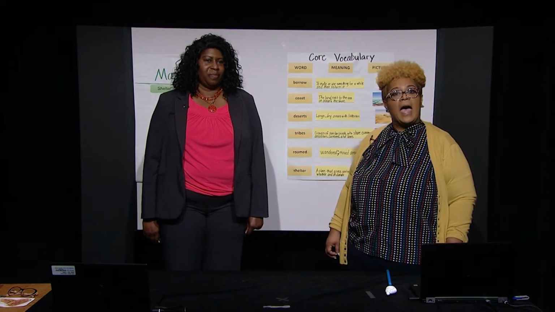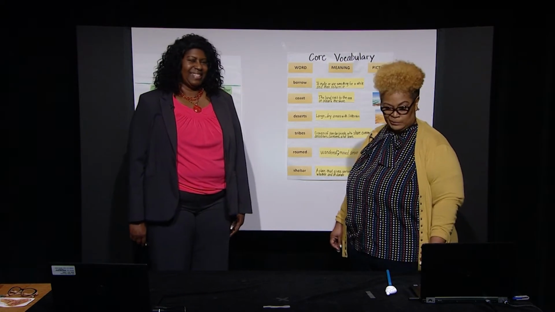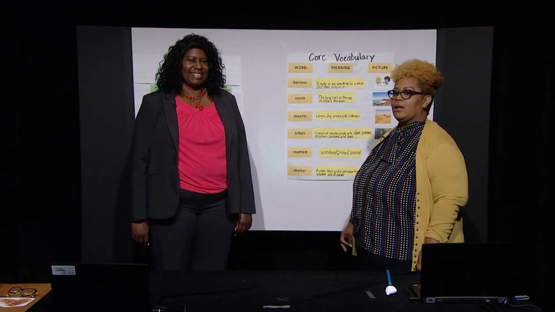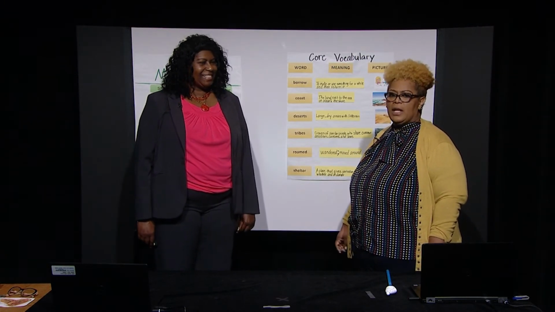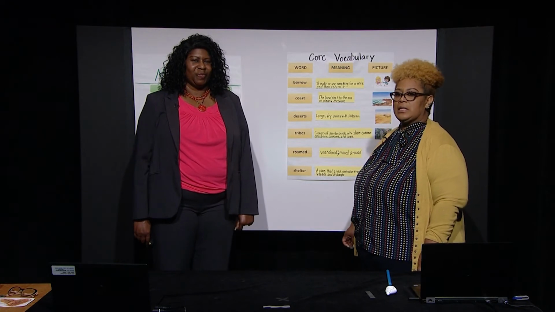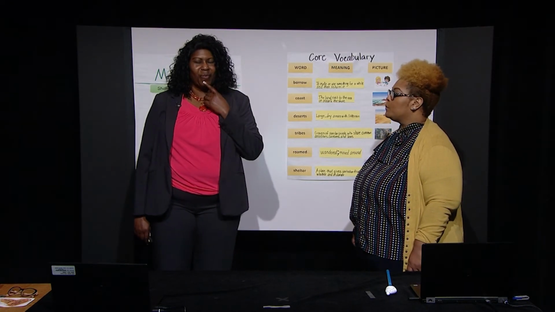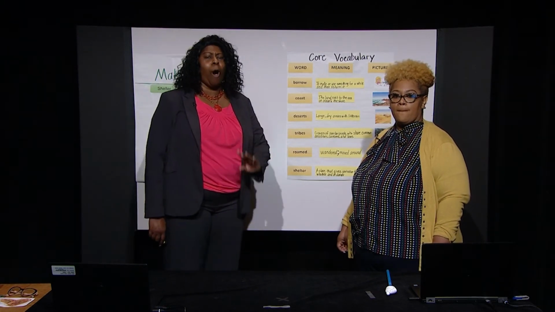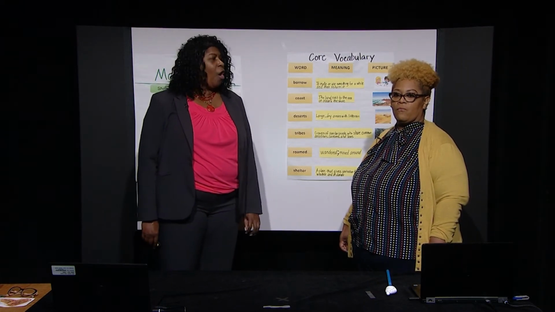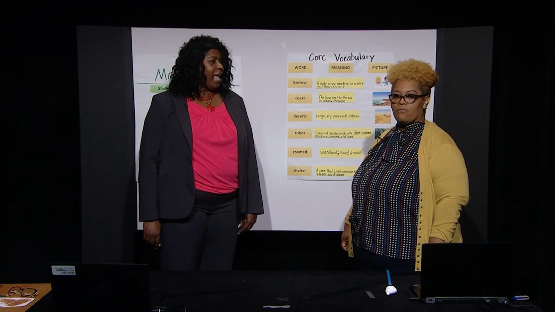Miss Delphine and I will demonstrate. Miss Delphine, what 3 things do all people, including the Native Americans, need to live? The 3 things Native Americans and all people need to live are food, clothing, and shelter.